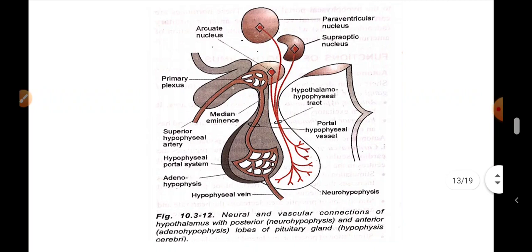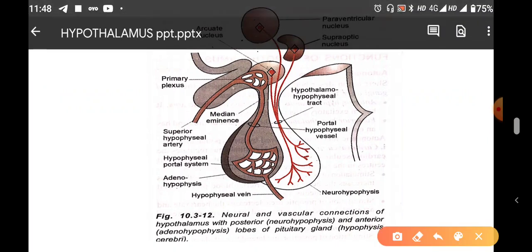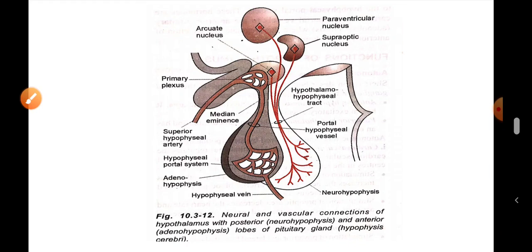Here are the neural and the vascular connections of the hypothalamus with the posterior and the anterior pituitary gland. This is the paraventricular nucleus here, and there is the arcuate nucleus and the supraoptic nucleus.